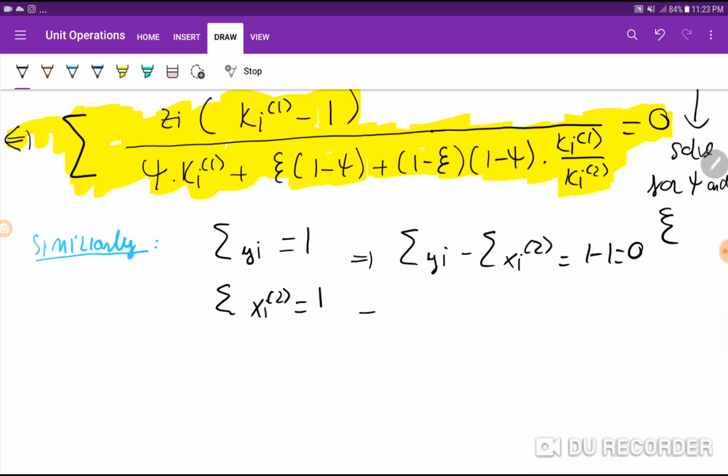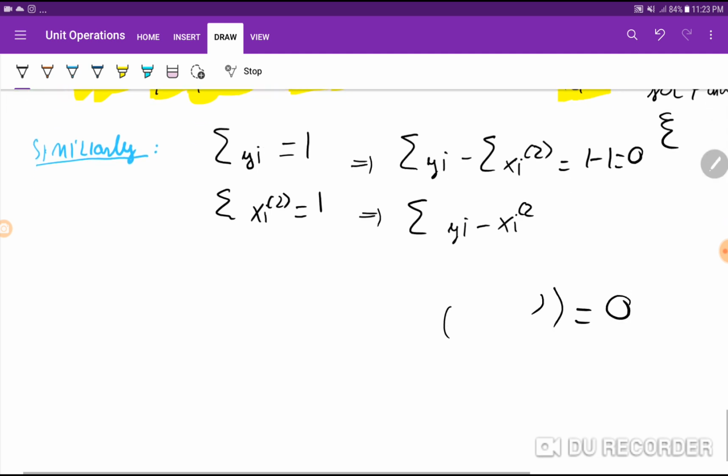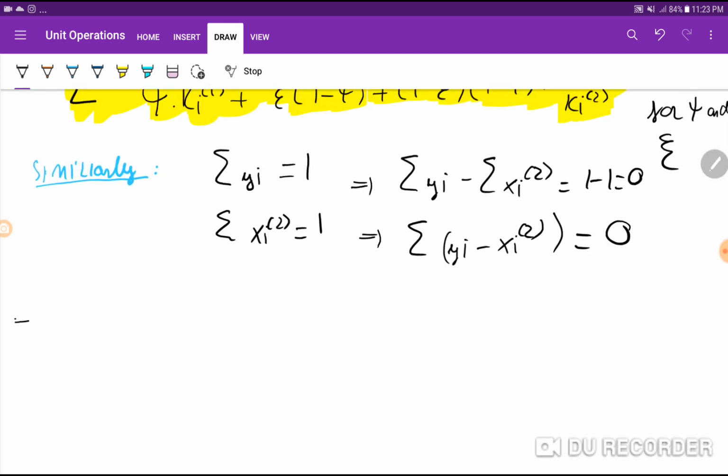So, summation of yi minus xi2 equal 0. So I'm gonna do summation of yi minus yi over ki2 equal 0.